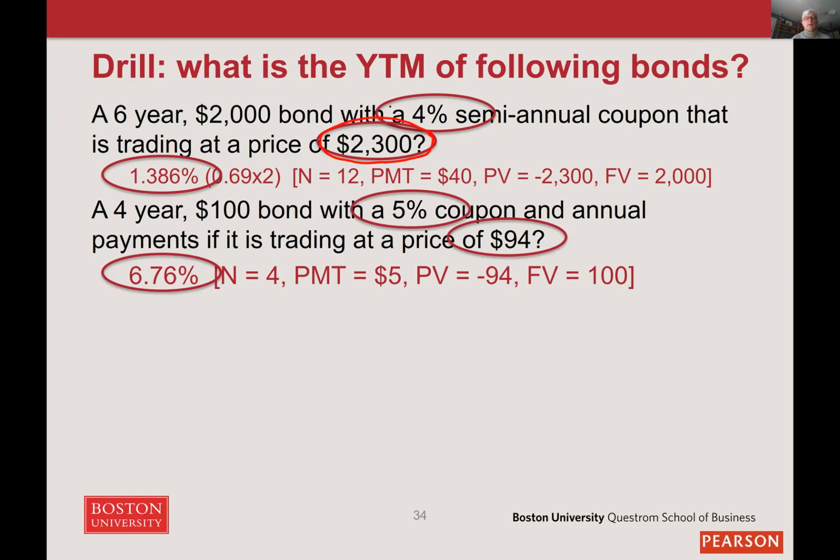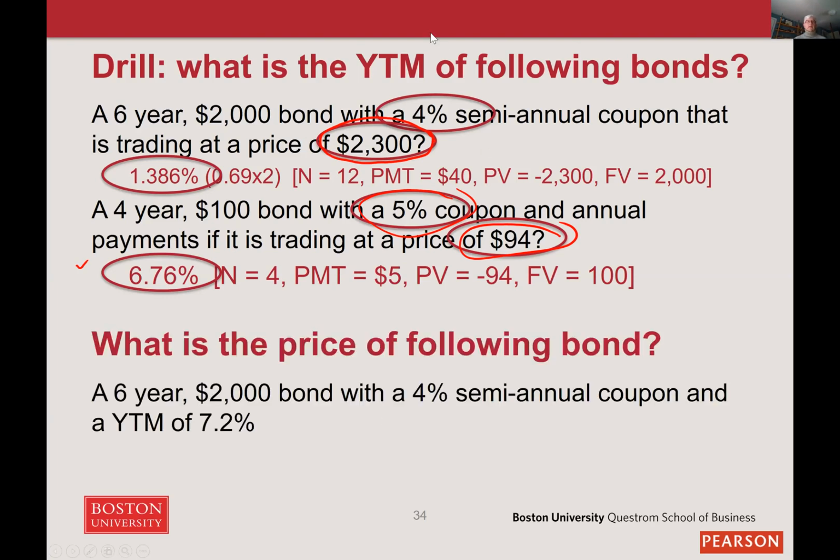The second one has a yield to maturity that's higher than the coupon, and it is selling for less than the face value. So both of these, you were calculating yield to maturity. The last problem on this slide, you're going to calculate the price.